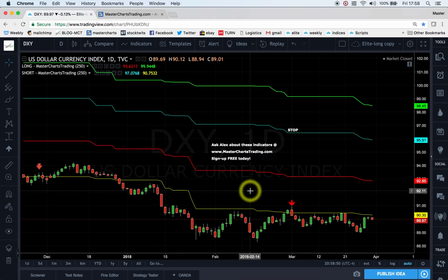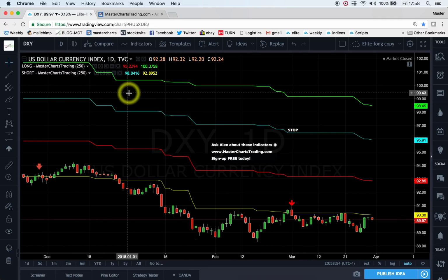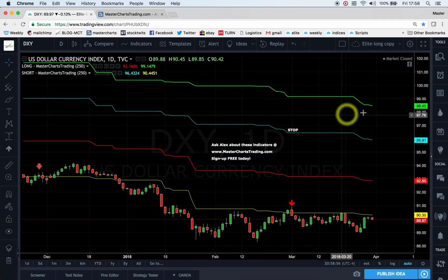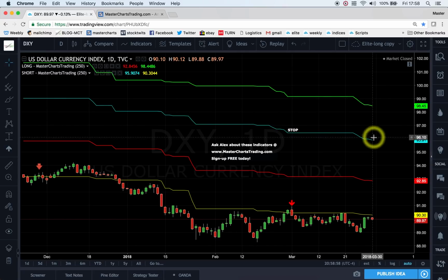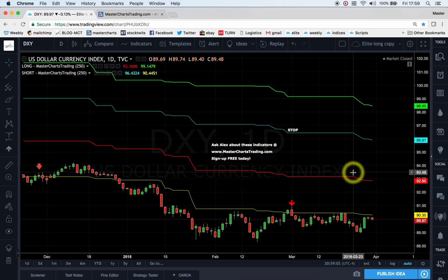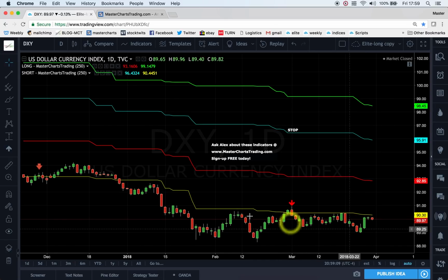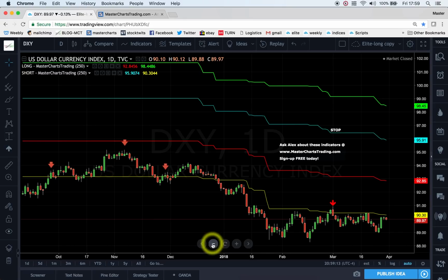Right, let's continue to the Forex universe. Here is the dollar on the daily time frame. Again, these indicators, these four colored lines, the green, blue, red, and yellow lines, you can find out more on MasterChartsTrading.com. The way I use them is I use these lines as support resistance lines. So currently what I see for the dollar index is a bearish security.